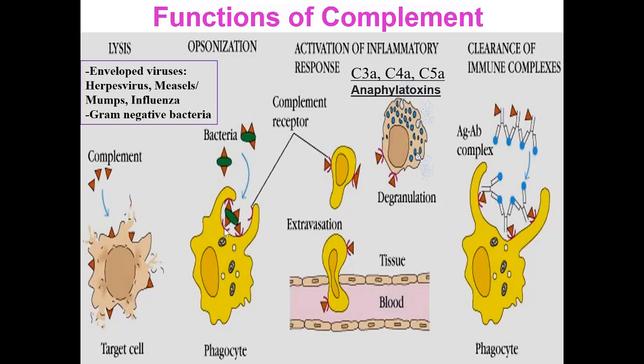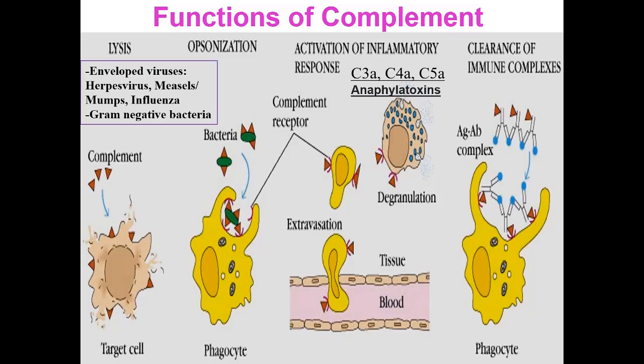As you see here, the immune complexes or bacteria can bind to the receptors on the surface of these phagocytes, and the phagocytes can phagocytose the bacteria, and in this way phagocytosis is facilitated.